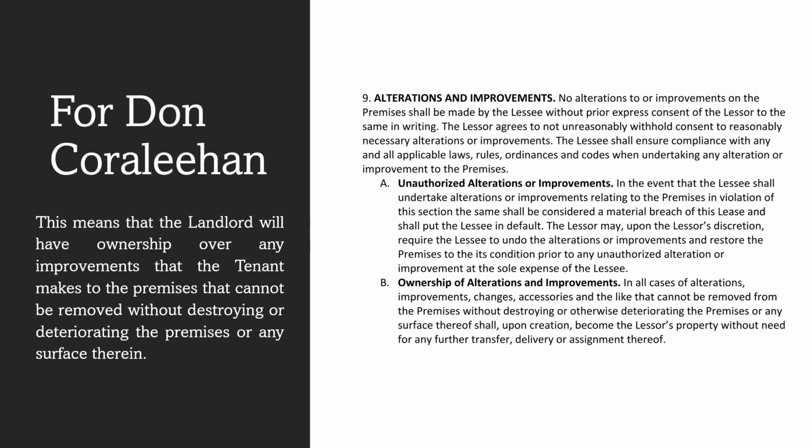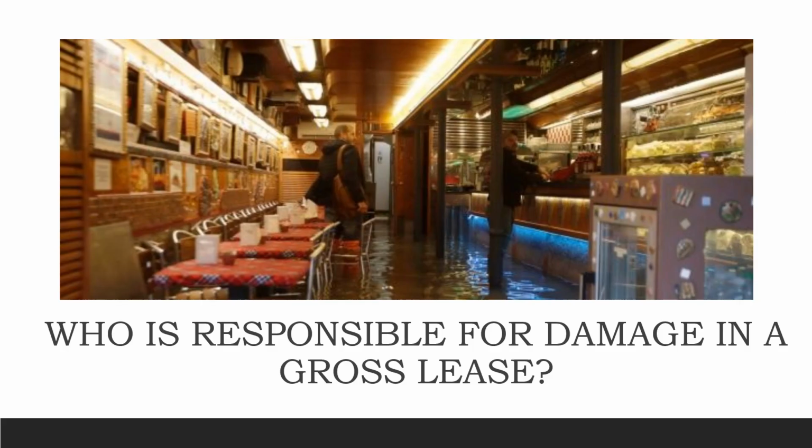While, like in Bull McCabe's situation, your emotions can often lead you to believe that a tenant who applies such an improvement to a premises should be entitled to ownership and subsequent removal of such improvements, it is important to remember to check what the contract provides for. For Don Curlehan, this means that the landlord will have ownership over any improvements that the tenant makes to the premises that cannot be removed without destroying or deteriorating the premises or any surface therein.